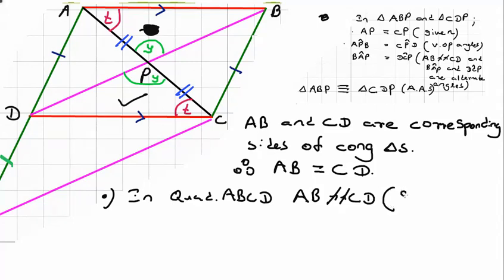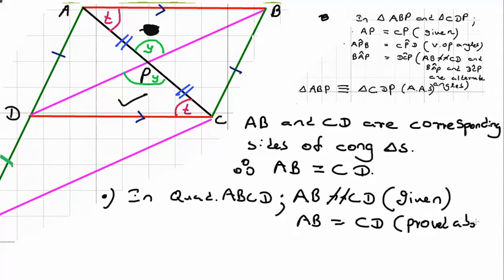So it's given. A semicolon here. And AB equals CD. Who said that? That we found out. So proved above. We have proven it above. Here we have proved it. So you can say within brackets proved above.